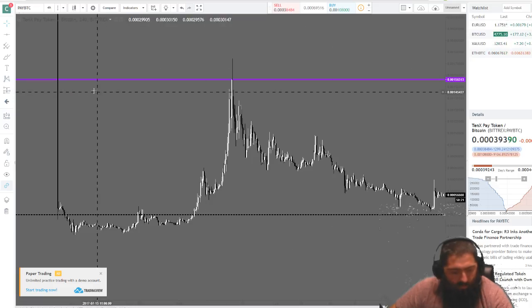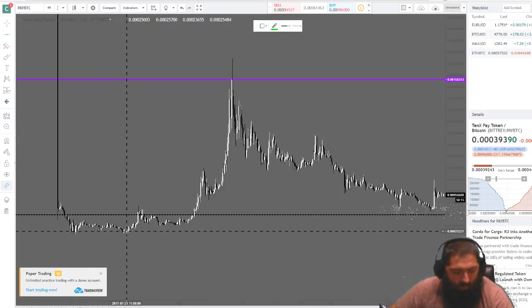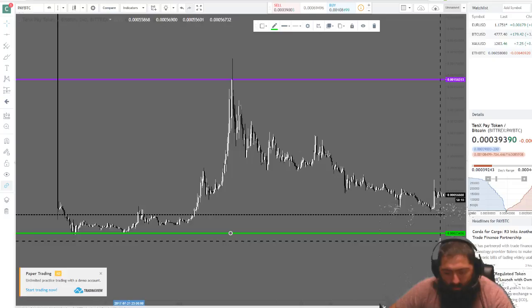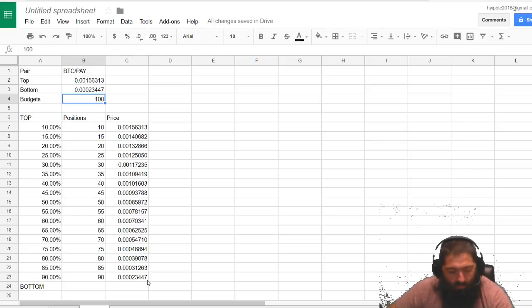So let's go back over here, look at our chart. Come down here to the bottom of the market, 0.0023456. So even just according to my chart, it's just barely off.